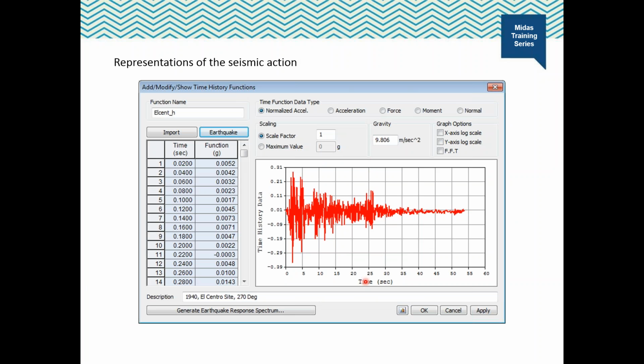So, you may want to know the frequency of this ground acceleration. Can you see the frequency of this loading? It is difficult from this graph. We can find it using Fourier Transform, which is available in Midas.